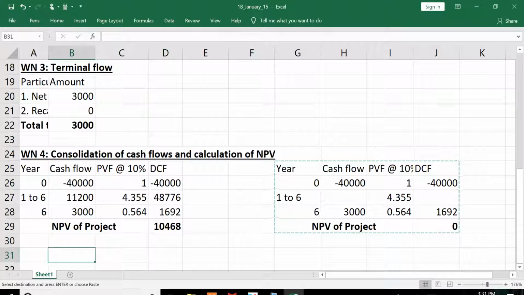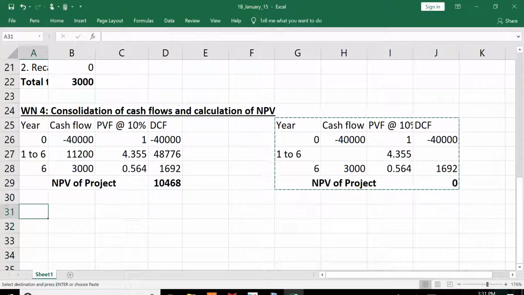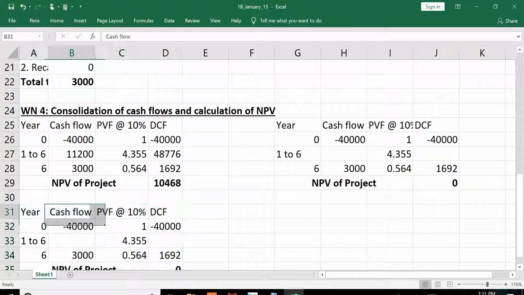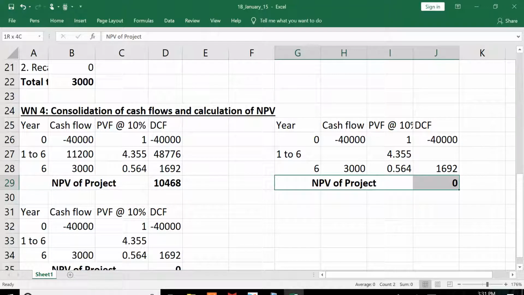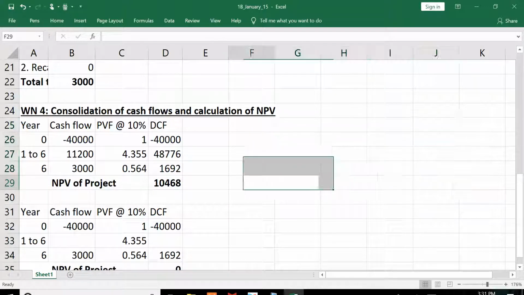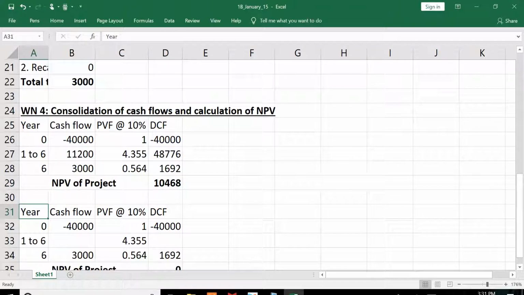Point number one. The project will get accepted if it has positive NPV.